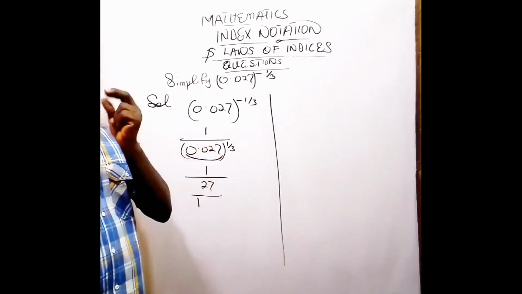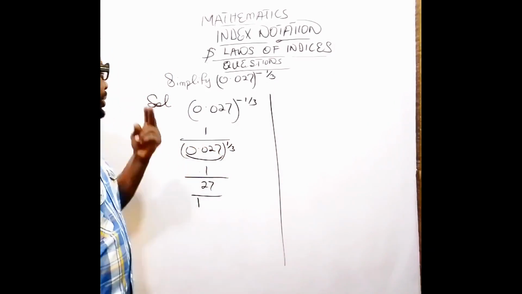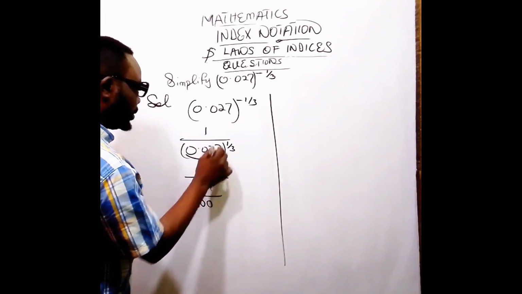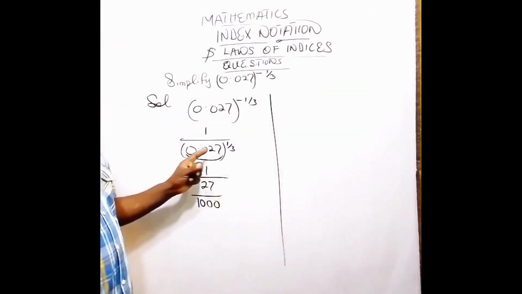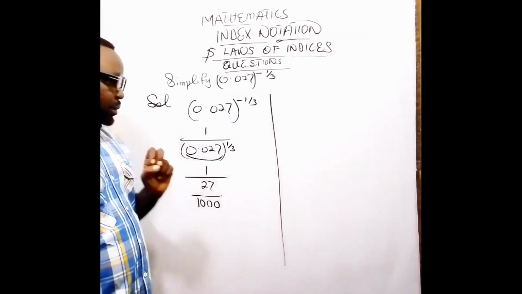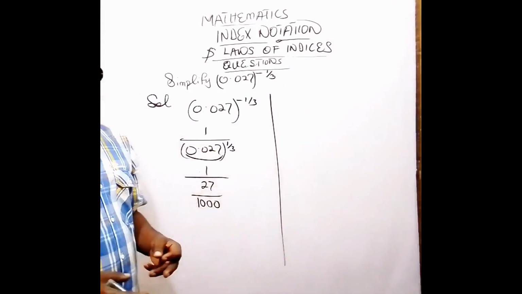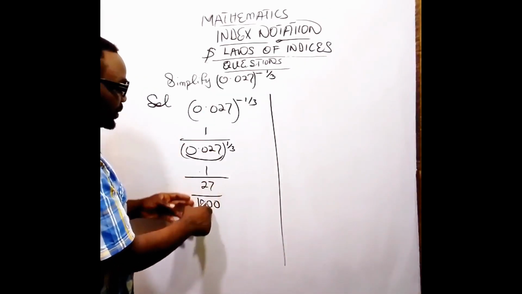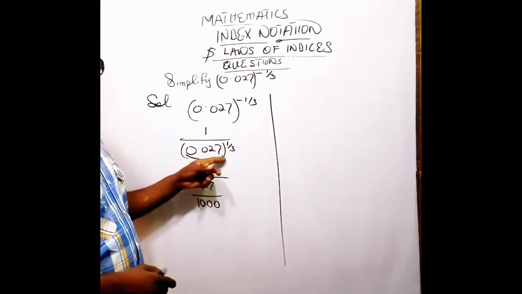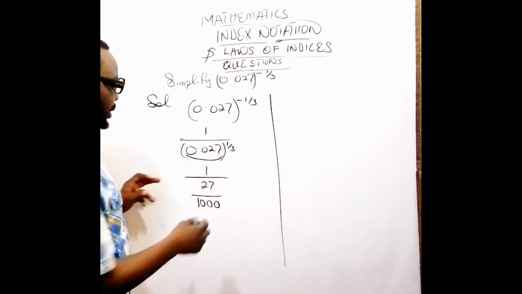Each digit after the decimal point is represented by a 0. You can see that after the decimal point, we have how many 0s? 1, 2, 3. So if you check your calculator and divide 27 by 1000, you still get your 0.027 back. So take note of that.